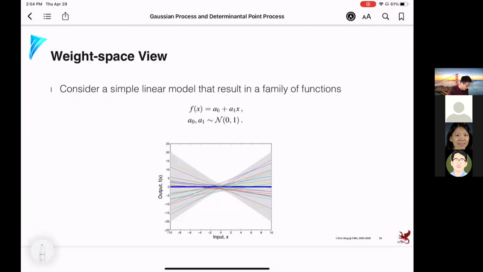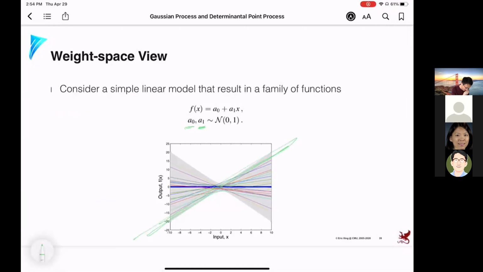If we imagine this simple function, f(x) = a0 + a1x, here we have two parameters. We assume they are Gaussian distributed, a0 and a1. If I draw this f(x) out, for each fixed a0 and a1, I will be able to draw one line, maybe this line here.